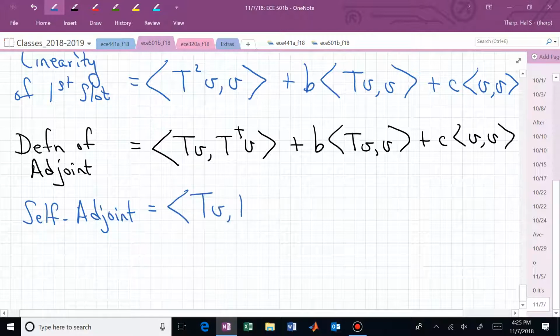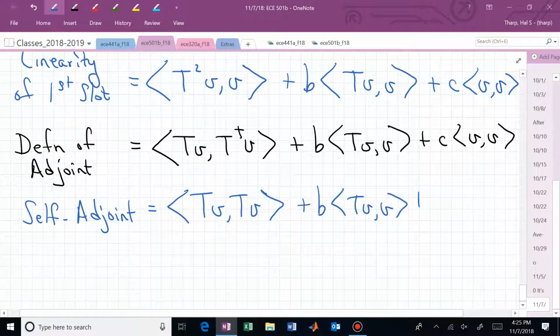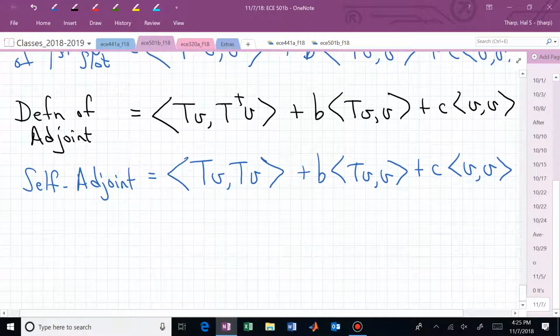differently. We can just say the inner product of TV with TV, plus B times the inner product of TV with V, plus C times the inner product of V with V. And now we have a lot of similar things in the slots, don't we?